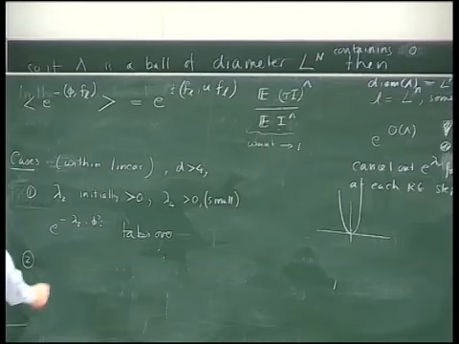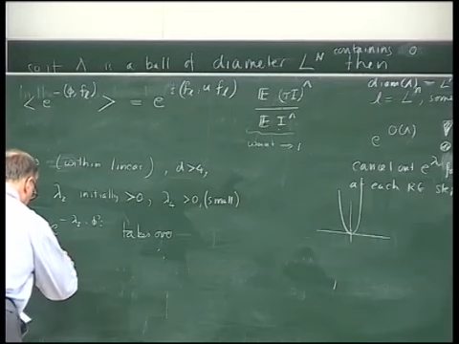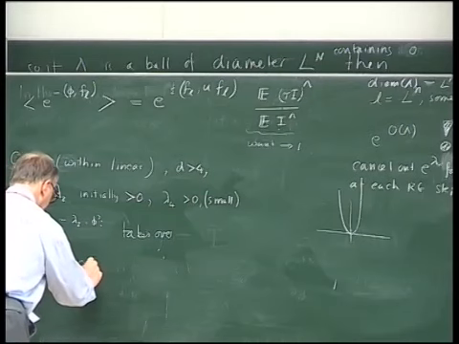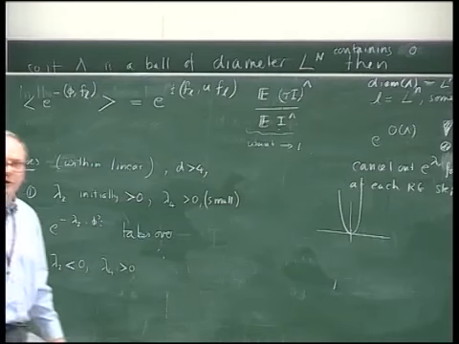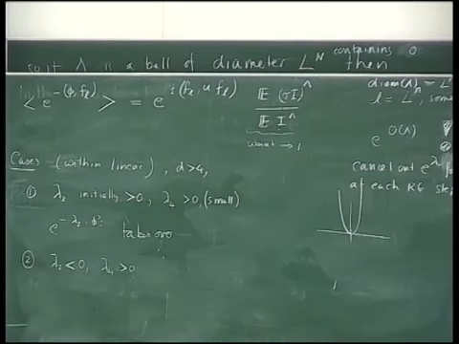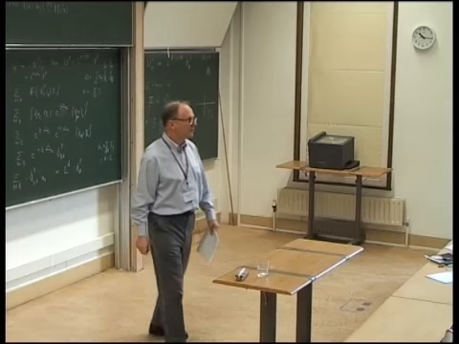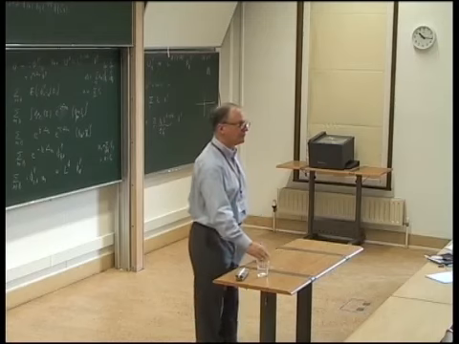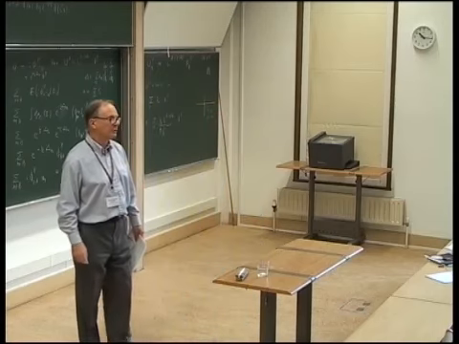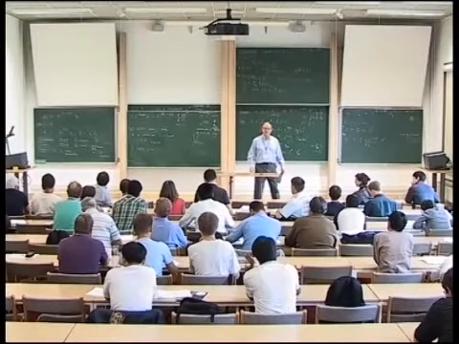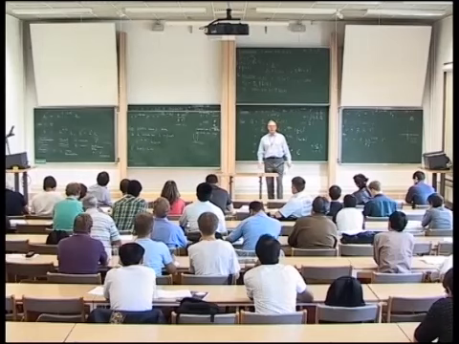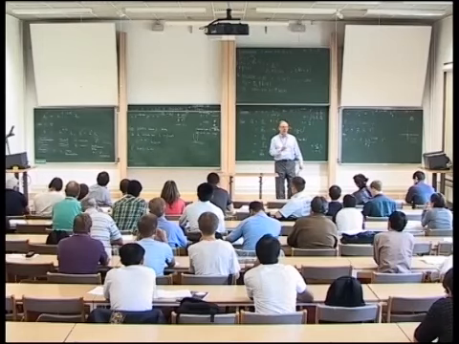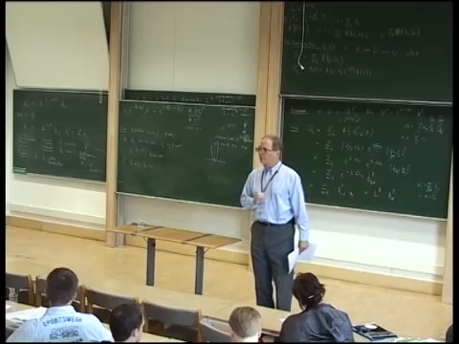Case 2, lambda 2 initially less than 0, lambda 4 greater than 0. Okay, your problem. What's going to happen in this case according to the linear approximation? Lambda 2 is negative mass. Lambda 4 is positive phi to the fourth. Under the renormalization group, lambda 2 becomes what?